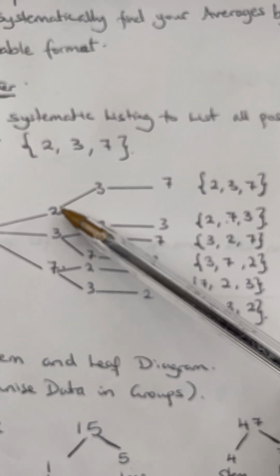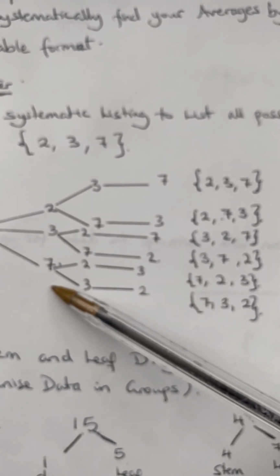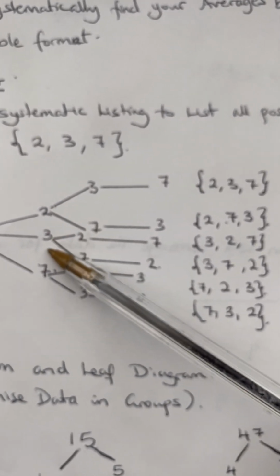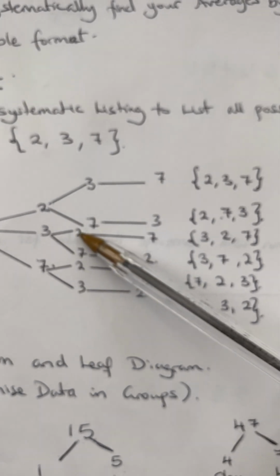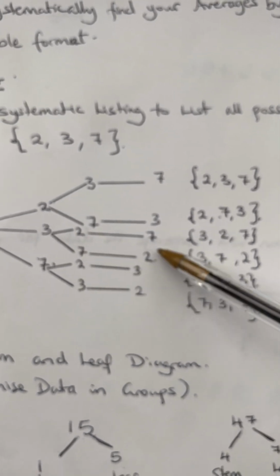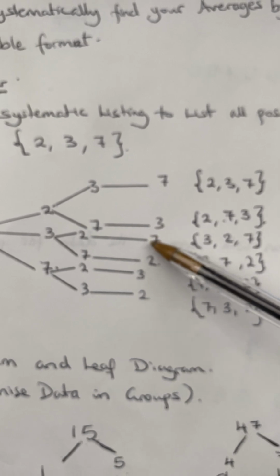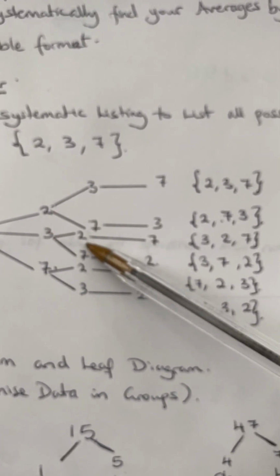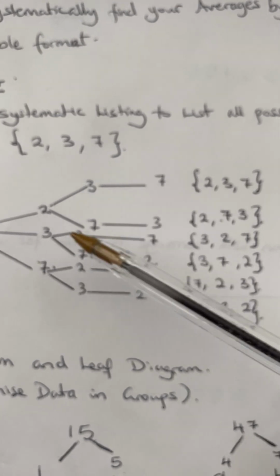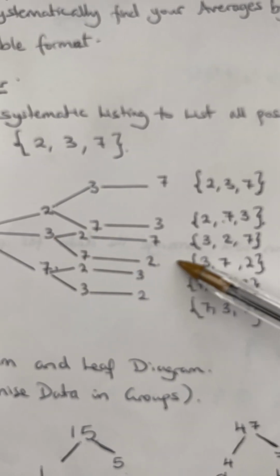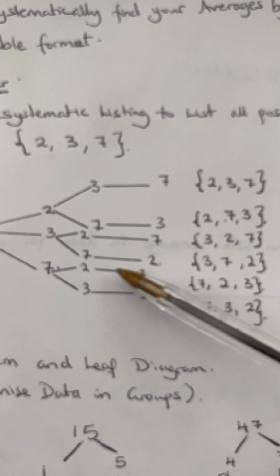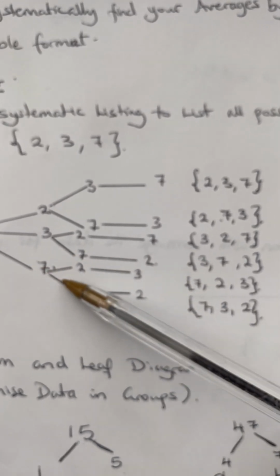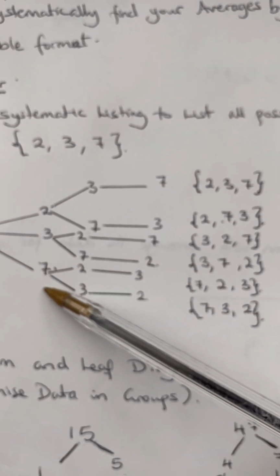Now you've done 2, so you are left with 3 and 7. Now if you take 3 out, you are left with 2 and 7. And then if you flip it around, you have 7 and 2. So 3, 2, 7 and 3, 7, 2. Now the last number in the set is 7.